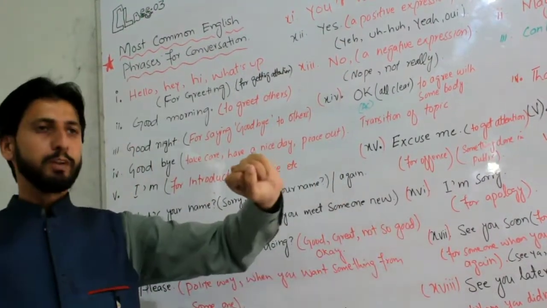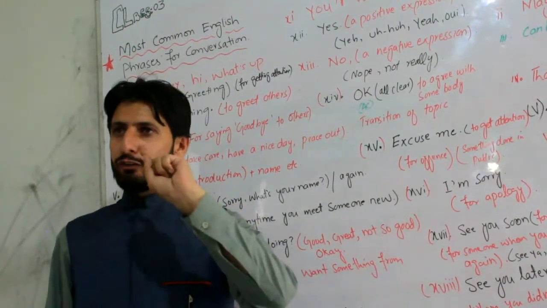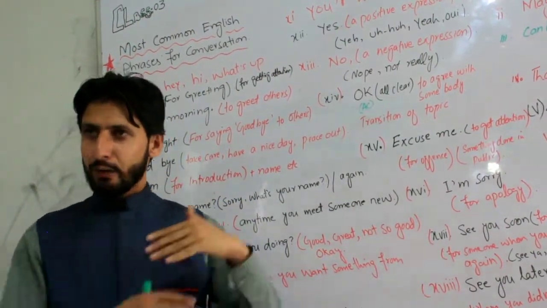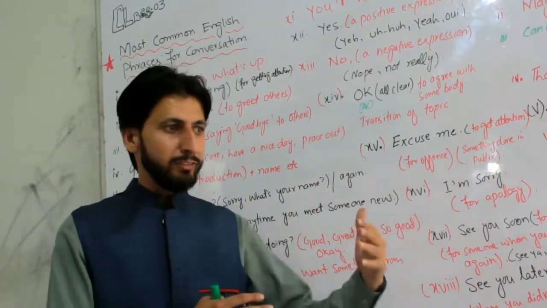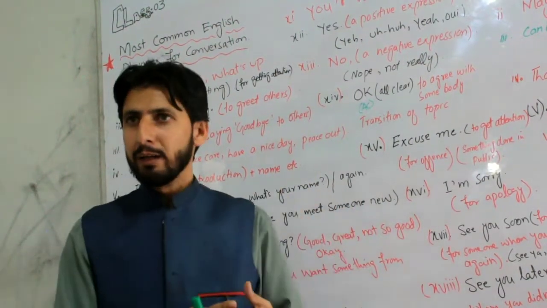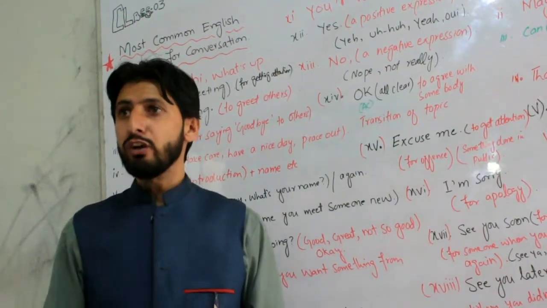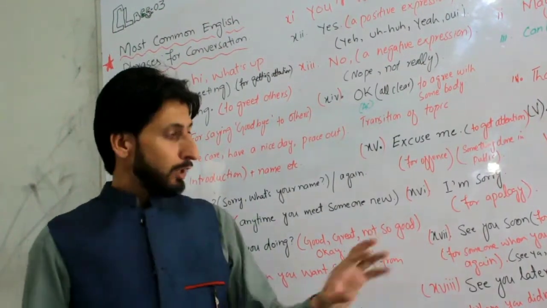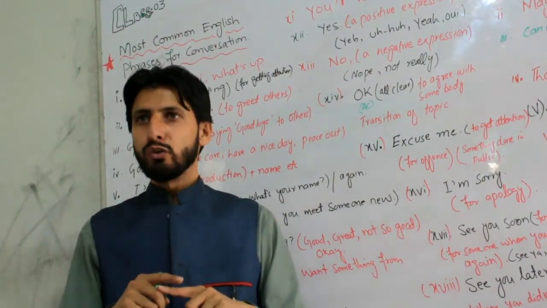So the first one is see you soon. See you soon is used as a goodbye message, as a farewell message for a person to whom you are going to say goodbye. If you say to him see you soon, it means that you are expecting to meet him again.